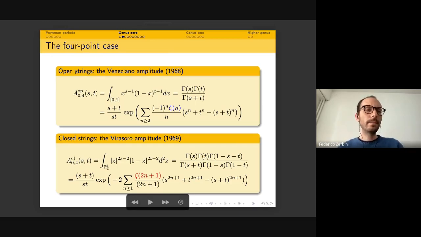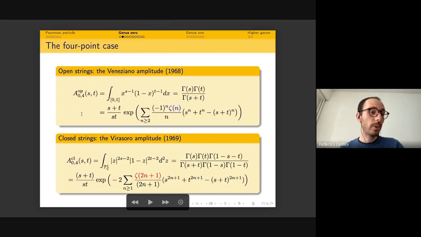So these are the Feynman integrals, not really the amplitudes, but rather the integrals behind the amplitudes that compute the genus 0 contribution with 4 marked points. So this 0 and 4 refer to that. For open strings and for closed strings.